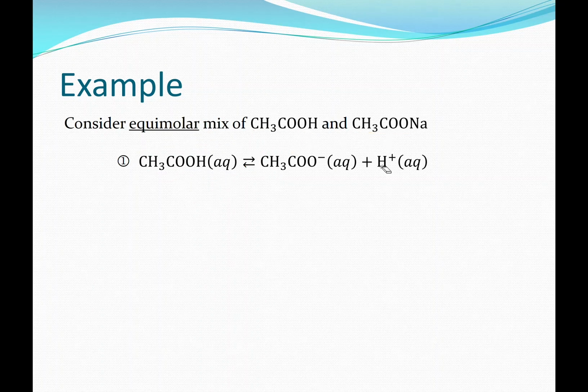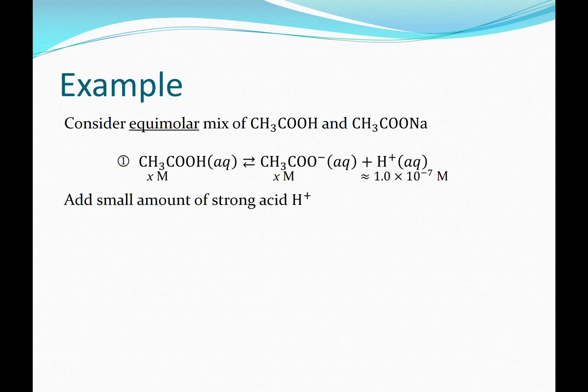And so that means we're going to have a buffer. Okay, so we don't know what the amount is, we're just going to call it X. So we have X amount of acetic acid, X amount of the acetate. Our hydronium ion, if we haven't dissociated any of the acetic acid, will be somewhere in the vicinity of 1 × 10⁻⁷ if we're at 25 degrees Celsius, because that's what we get just from the autoionization of water itself.